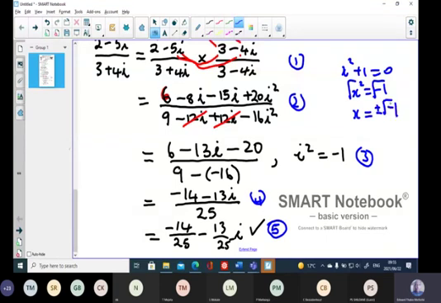Now, the mathematicians have let the square root of minus 1 be equal to i, and other books use j. So I'll accept both. So the solution here is x equals plus or minus i.